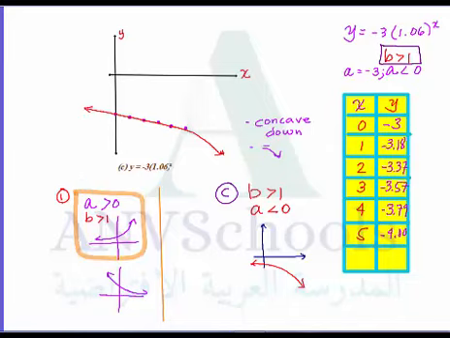Condition number 2, if our a is greater than 0, and in this case b is in between 0 and 1, then we will have this type of graph.